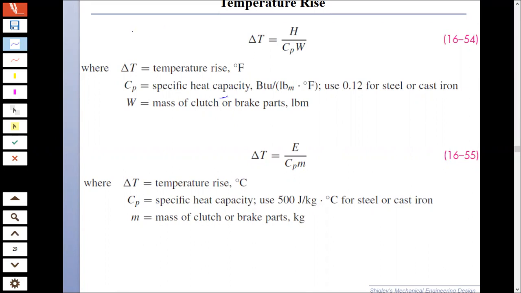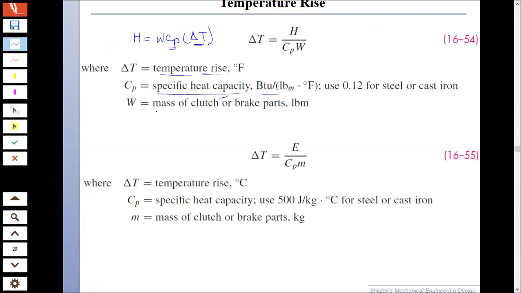For example, we have H equal to W Cp times delta T. You are very familiar with this equation, where Cp is the specific heat capacity in BTU per pound per degree F. Delta T is the temperature difference, which in this case will be the temperature rise.